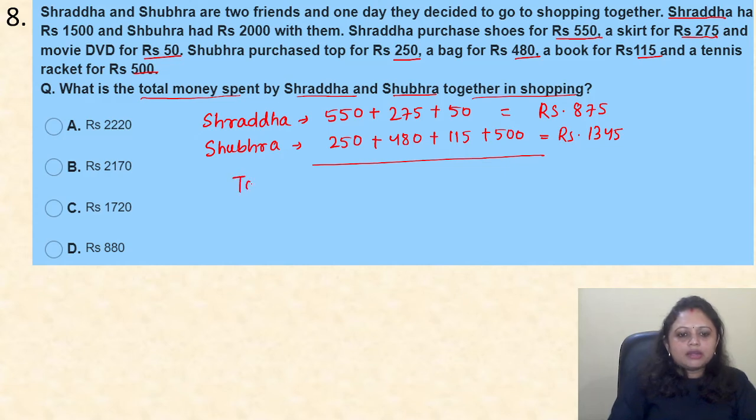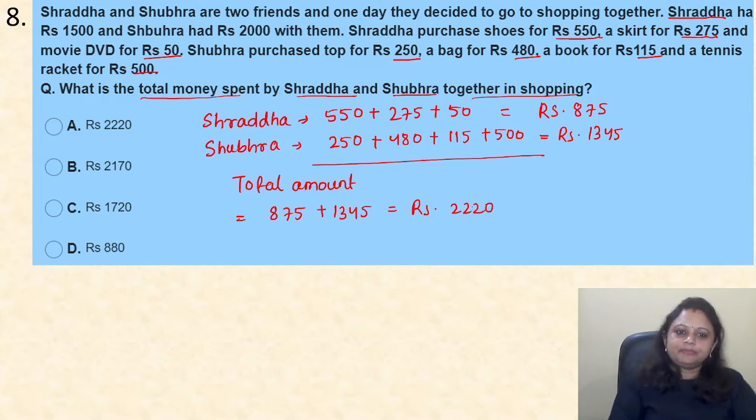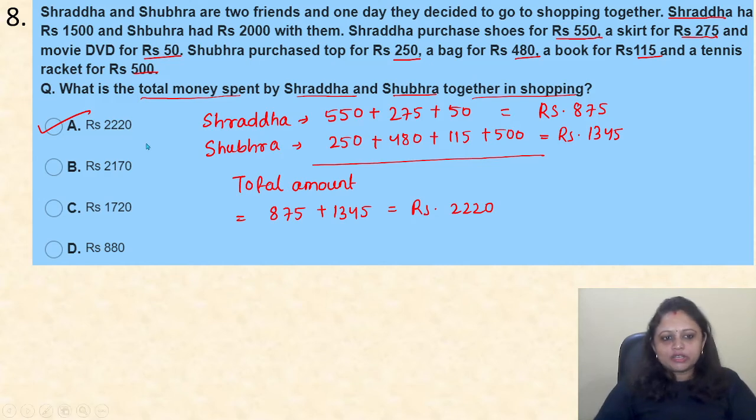And when we add the total amount, that is equal to rupees 875 plus rupees 1345, and that will be rupees 2220. Okay, so the correct answer is option A, that is rupees 2220.